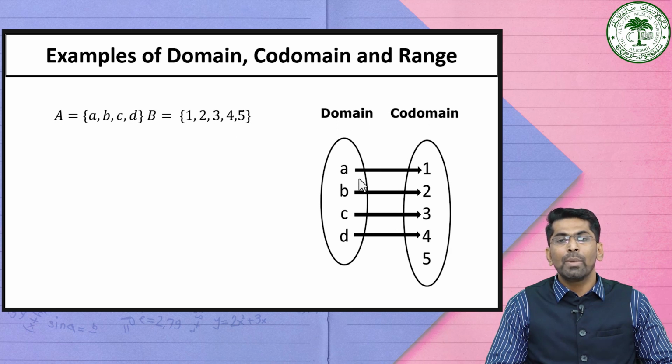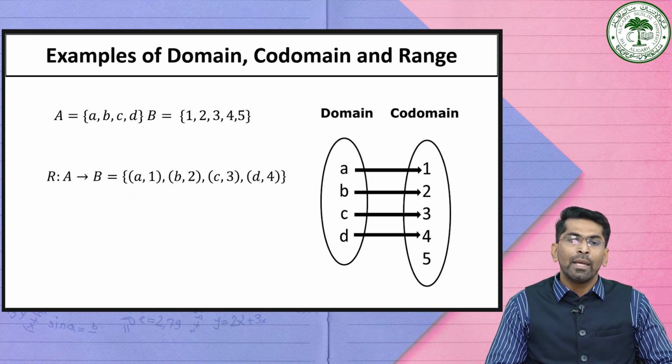In the mapping diagram, a is paired with 1, b is paired with 2, c is paired with 3 and d is paired with 4, and 5 is not paired with any pre-image in the domain. We can write this mapping as ordered pairs: a with 1, (a,1), (b,2), (c,3) and (d,4).